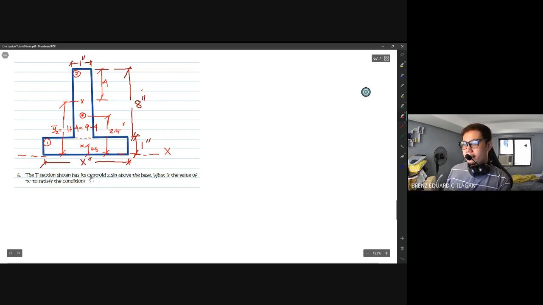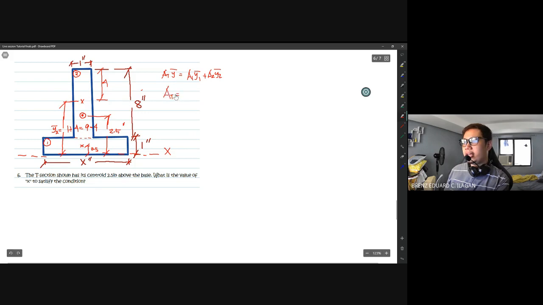Okay, so how do we get x? What is our formula? Total area times y bar, for the whole figure, equals area 1 times y bar 1 plus area 2 times y bar 2. So let's compute first the total area.